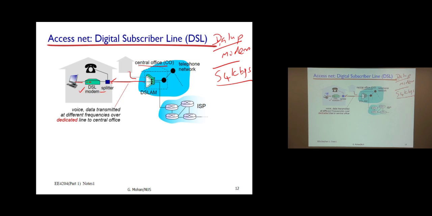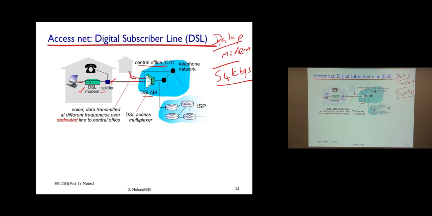It's telco terminology, central office, where you can imagine some network elements or equipment are kept. There is a multiplexer called the DSL access multiplexer, which is located there, and the signals which come from every home are received by this DSL access multiplexer.